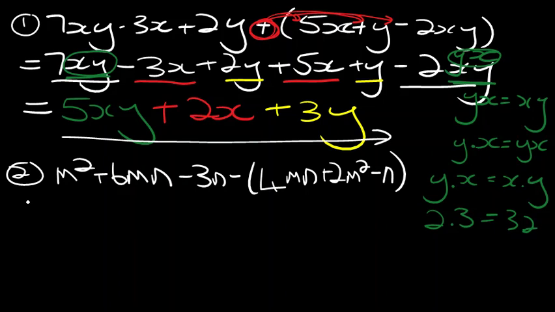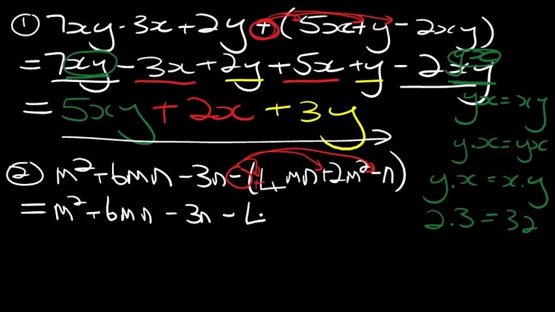Now, as I mentioned before, here you must be very careful of the sign, because that negative you multiply to that sign in front of the 4, which we know is a plus. If you don't see a sign, the sign is a plus, and that negative is multiplied to that plus there and to that negative there. So what do we have left? Well, we have m squared plus 6mn minus 3n minus 4mn minus 2m squared plus n.